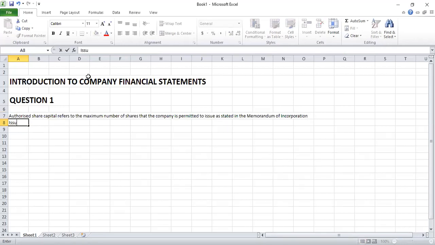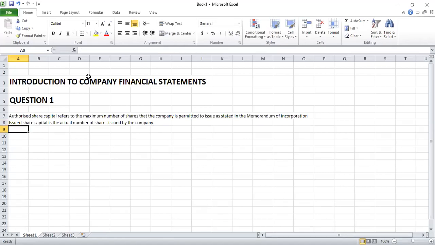Then the issued share capital is the actual number of shares issued by the company. Right. You might find that the authorized shares may be for 1 million, but maybe when we start, we only need 300,000. So we only issue 300,000. Then when we need more capital in future, we issue more shares on and on. So the shares in a company are issued in phases.